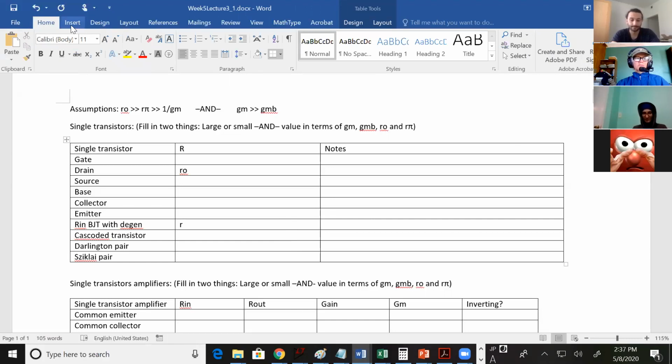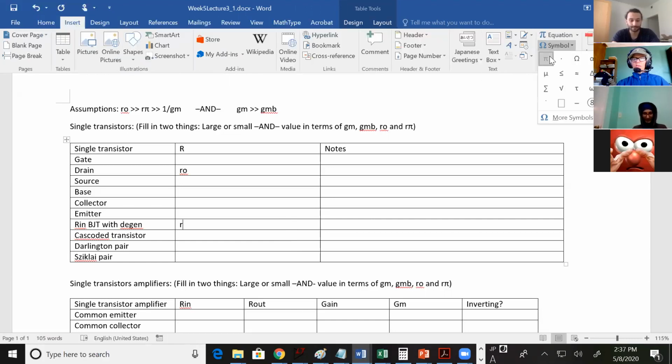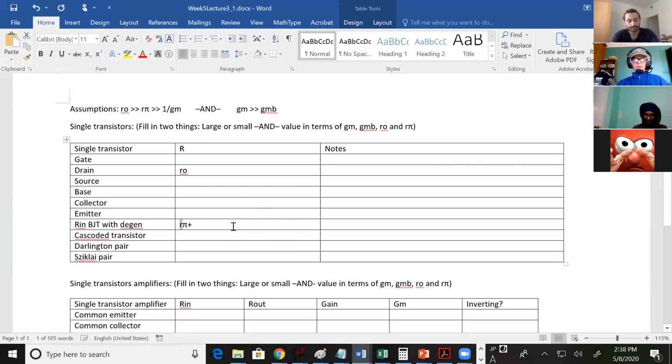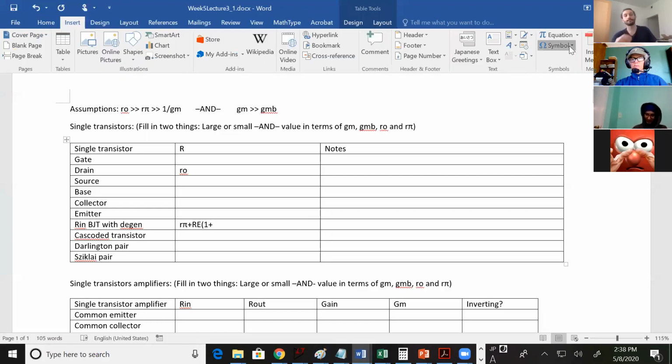We found that looking into the base of a degenerated transistor, degenerated BJT, that gives you your R pi and then your RE times 1 plus beta. Okay, so if there's degeneration or you're doing a common collector, that's your R in.